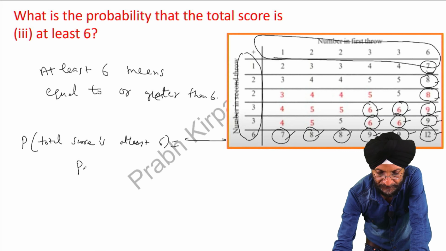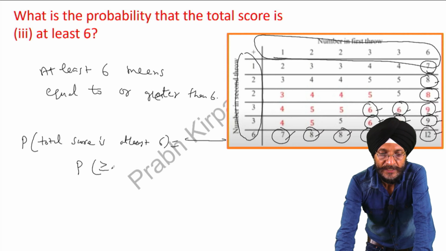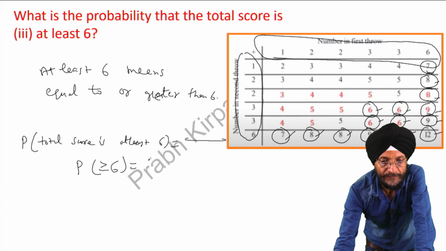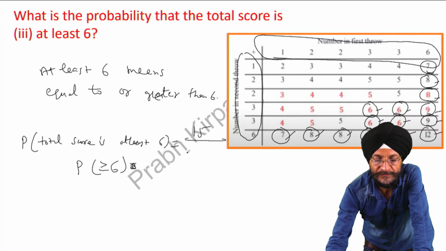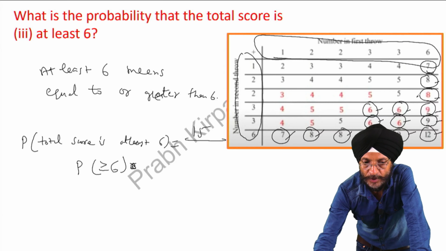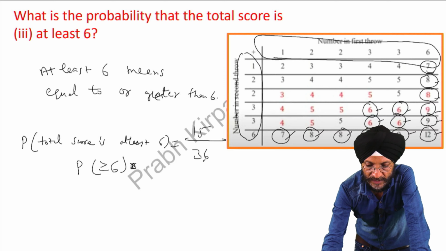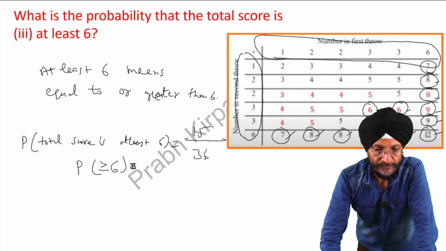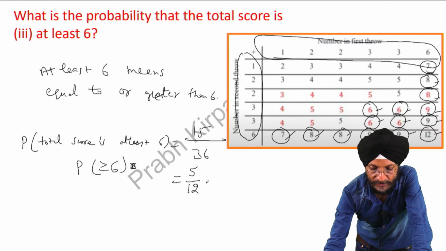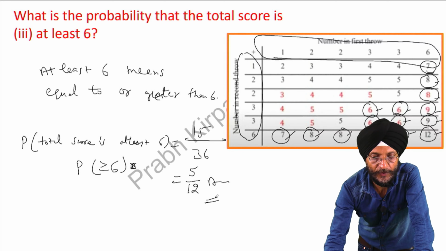So the probability that the total score is equal to or more than 6 is equal to 15, the number of favorable outcomes, divided by the total possible outcomes, which is 36. Here we can divide it by 3, 5/12. This is the answer before you.